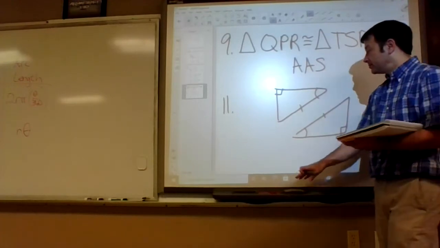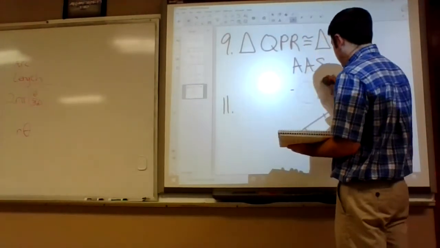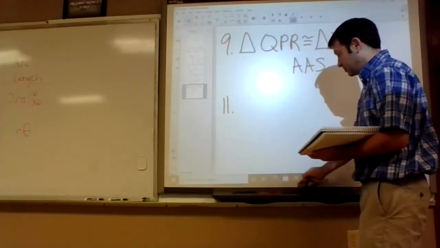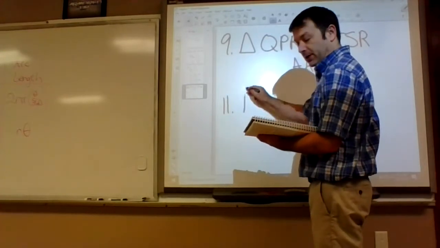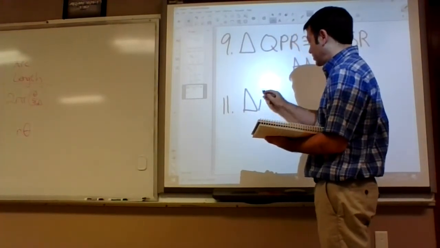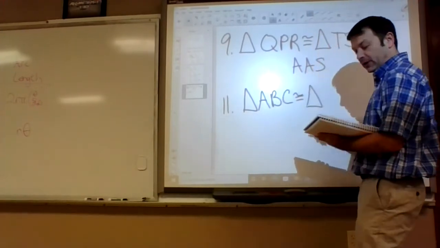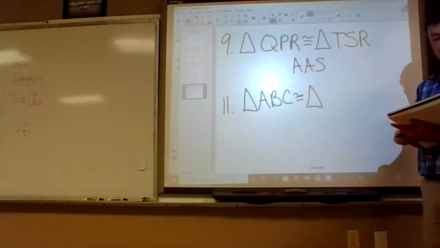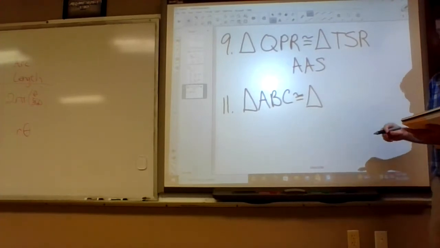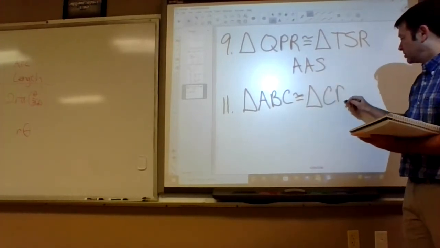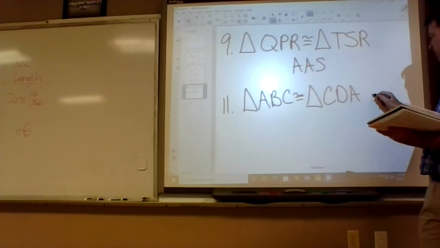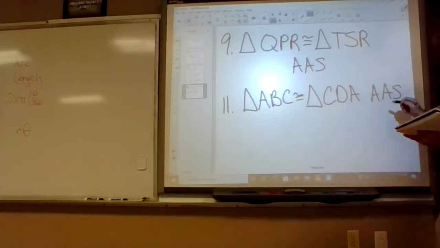Oh, I forgot to say statement though. Alright, if I say triangle ABC is congruent to triangle, if I go ABC, what would that be on the other triangle? CDA. Angle, side.